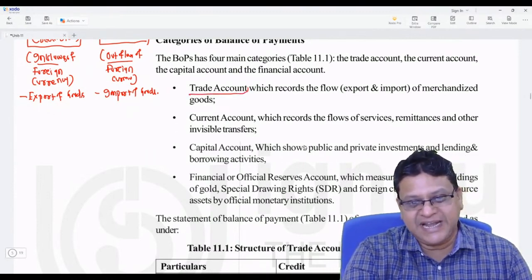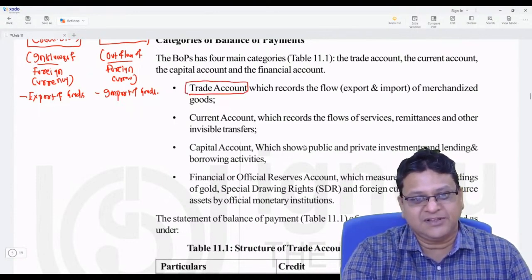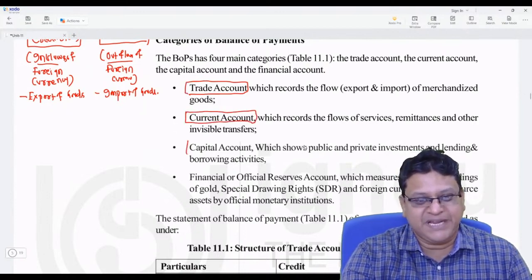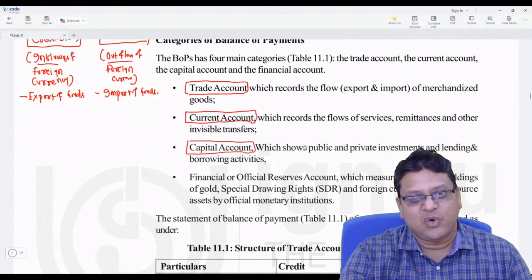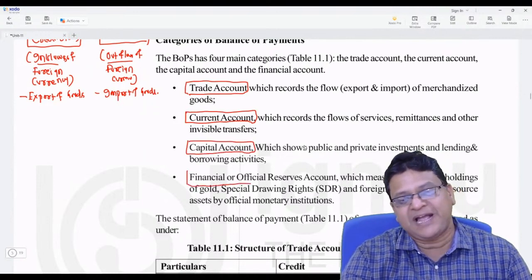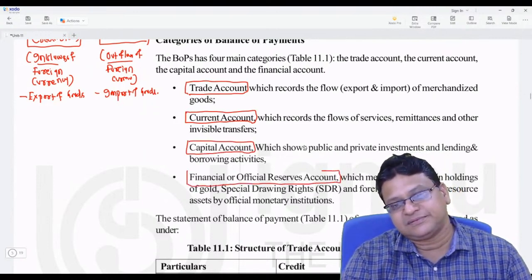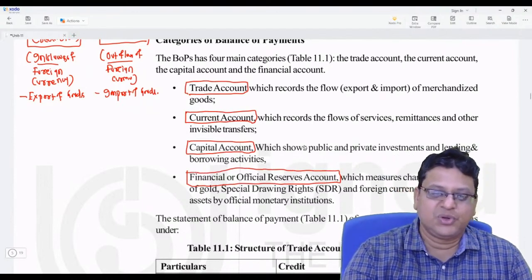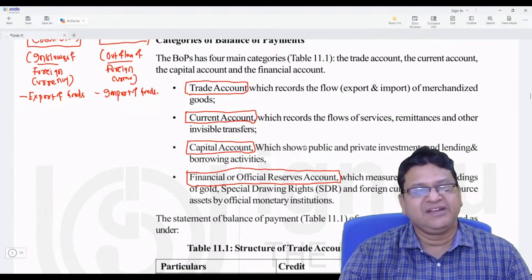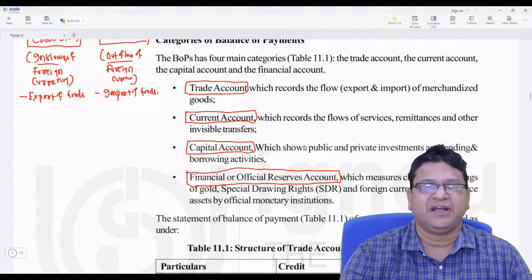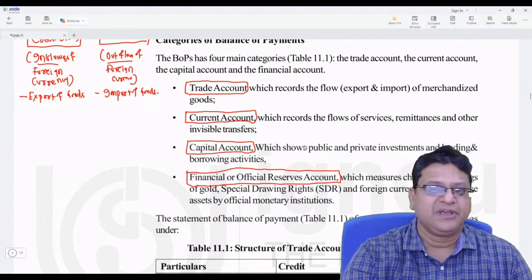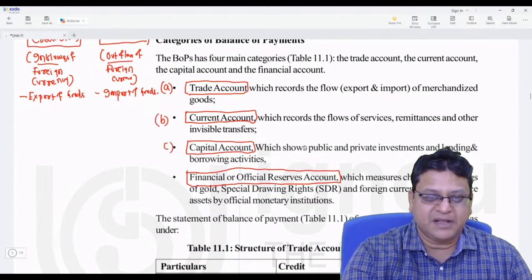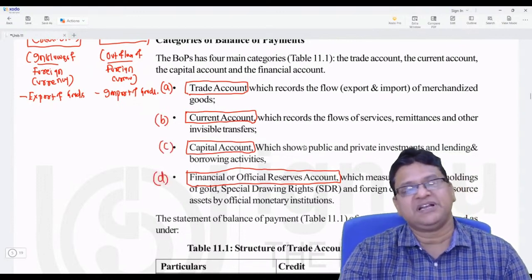One is trade account, another is current account, another is capital account, and another is official reserve account or financial account. So there are 4 accounts where the inflows and outflows are classified under BOP.